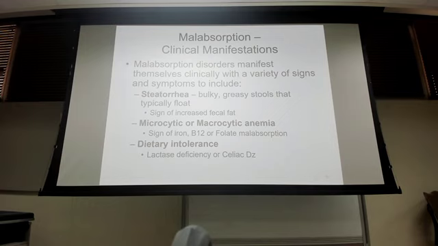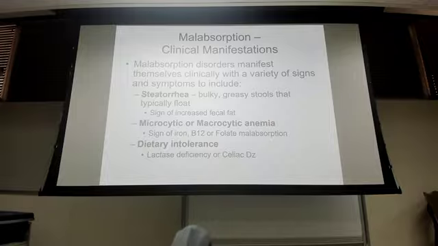If it's just iron without B12 and folate, then you might get just microcytic, so that's usually up, as we said on the last slide, in the upper portion of the small intestine where we absorb iron. So there's key things to look at in your clinical patient presentation to determine where in the small intestine we're having the issue.